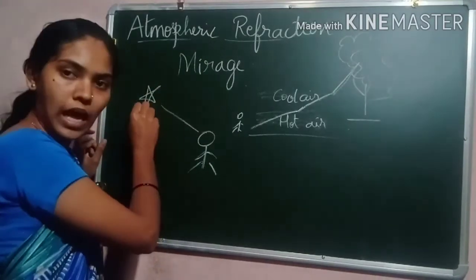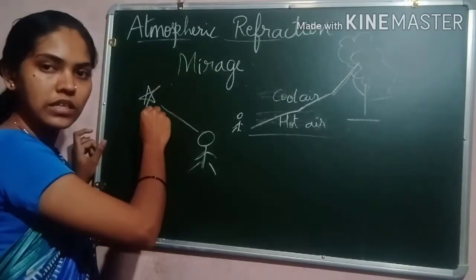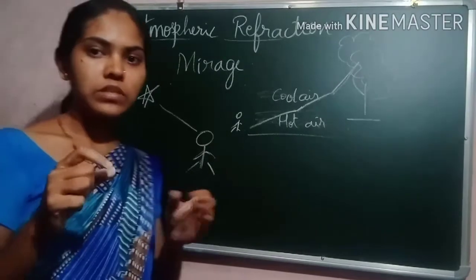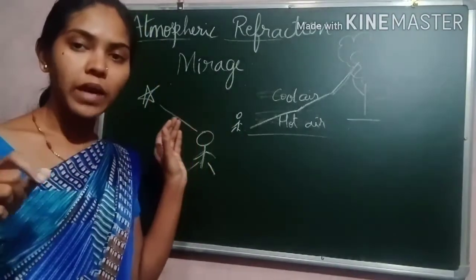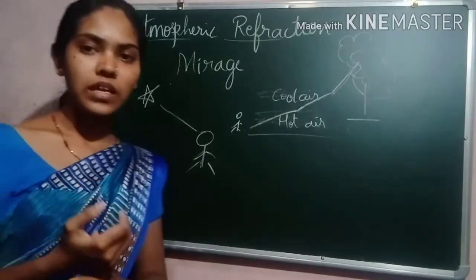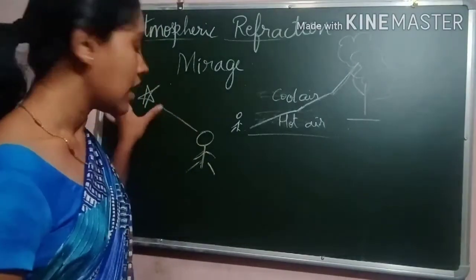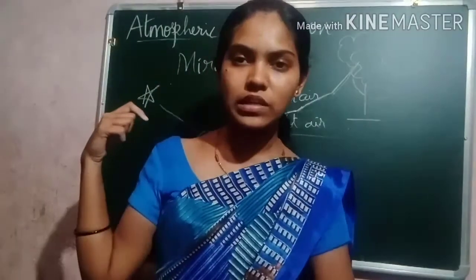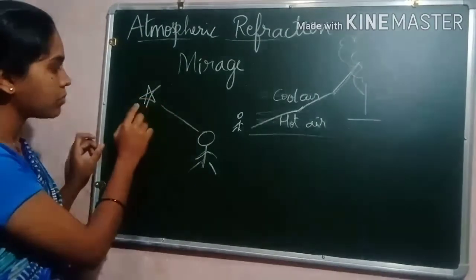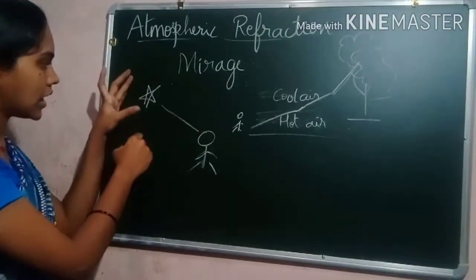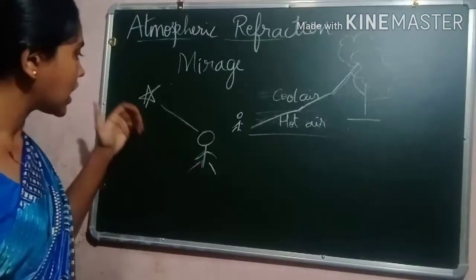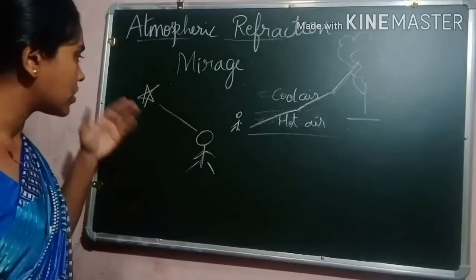Once it appears here, once next here, and sometimes it looks very dull, sometimes very bright. So that is the reason why we feel that the star twinkles at night. When the light travels from the solar system, from this medium to the earth surface, it continuously fluctuates.